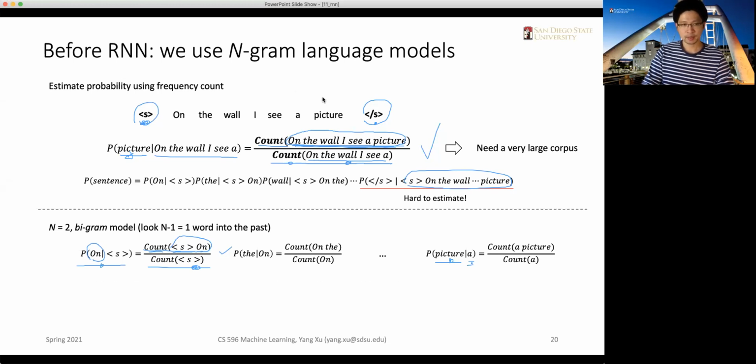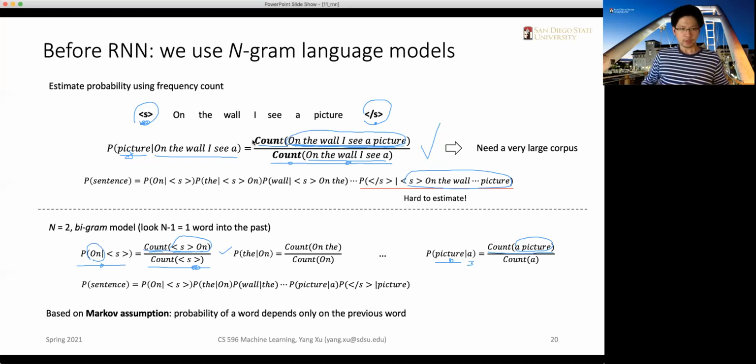But the bigram frequencies are much higher, right? It's very likely to see, for example, the combination a picture elsewhere, anywhere else in other sentences. So these counts are much easier to estimate as non-zero, okay?